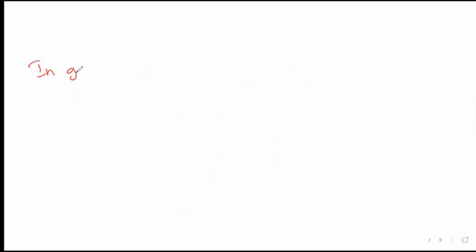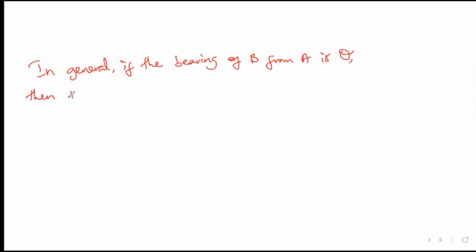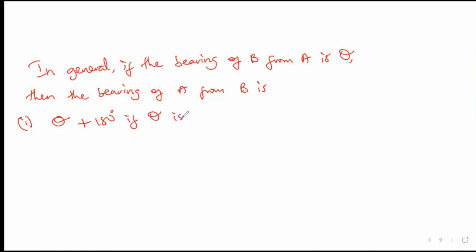In general, if the bearing of B from A is theta, this angle, then the bearing of A from B is the angle plus 180 degrees, if the angle given to us is less than 180 degrees.